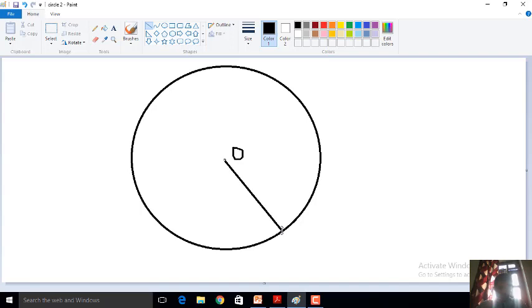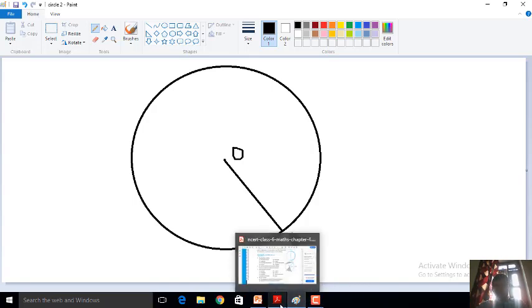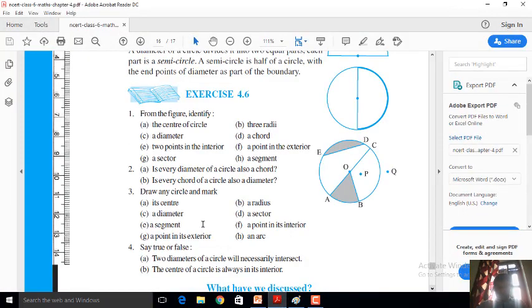So this is a radius and I am going to name it as OA. So OA is the radius of the circle.